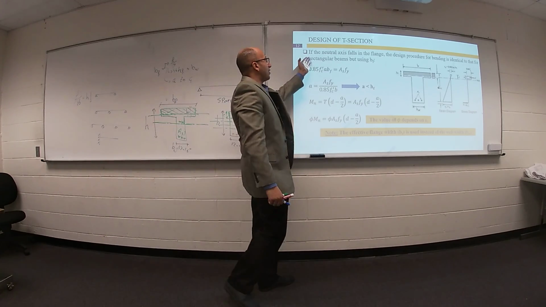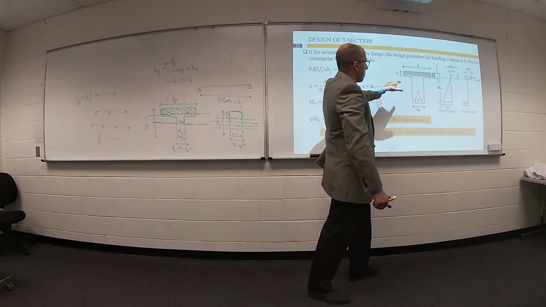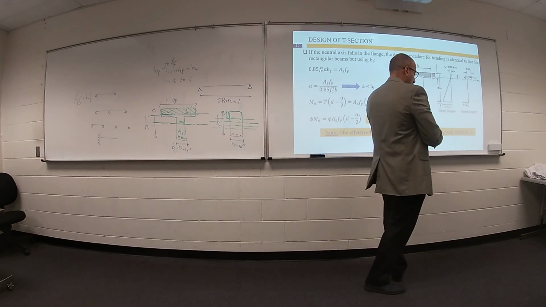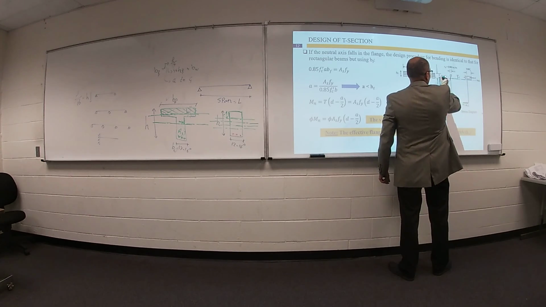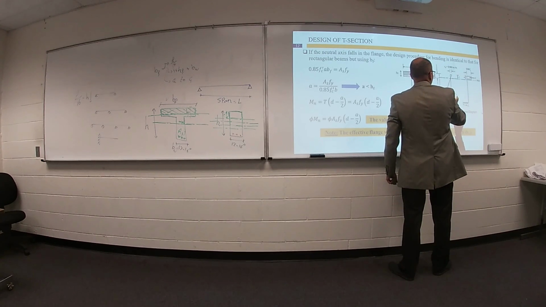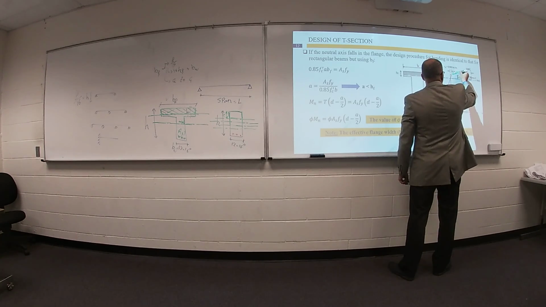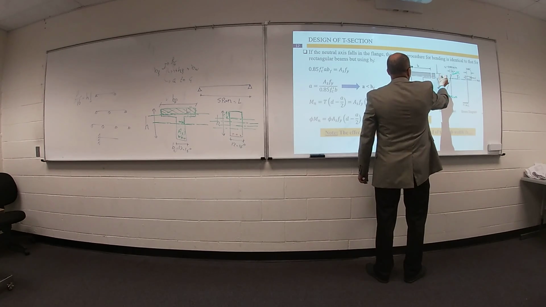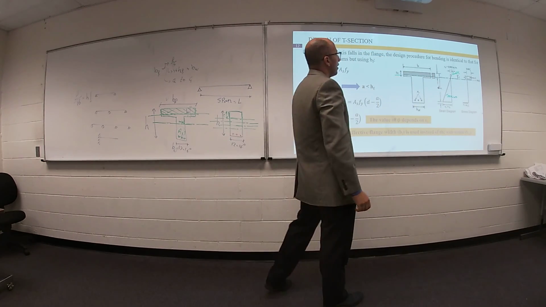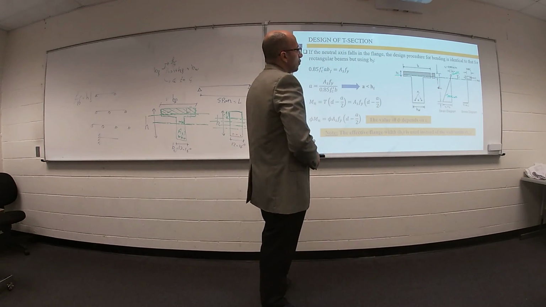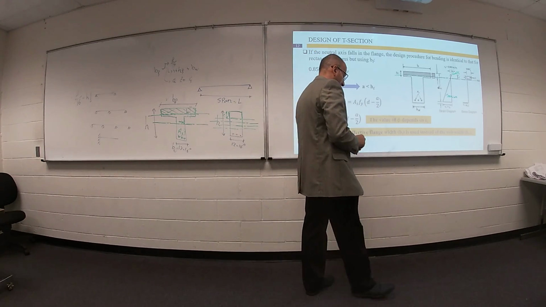Okay, so if the neutral axis falls in the flange, between tension and compression in your flange, then your calculation is very simple, like a rectangular section.